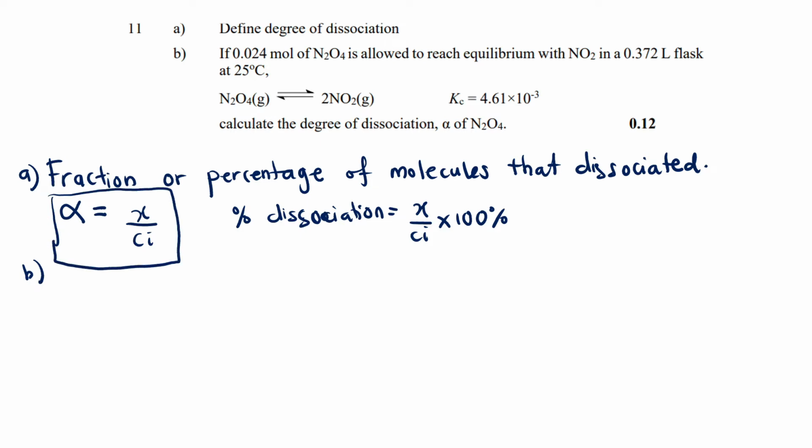Alright, so for this question, first kita write dia punya equation. The equation is N2O4 gas dissociate to produce 2NO2 gas.